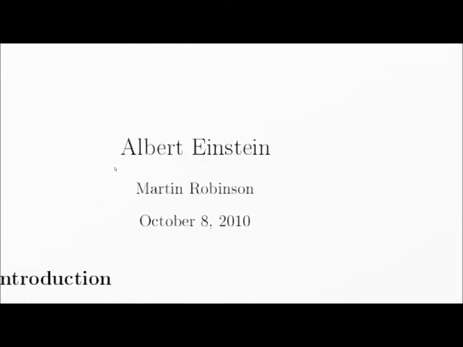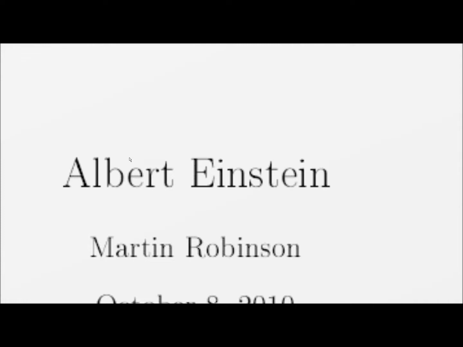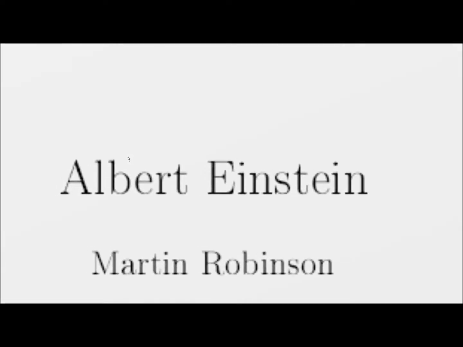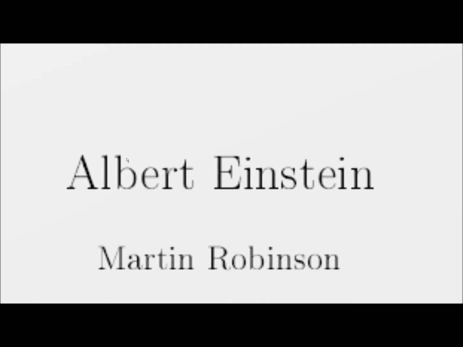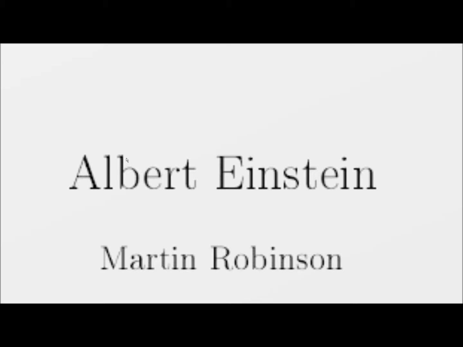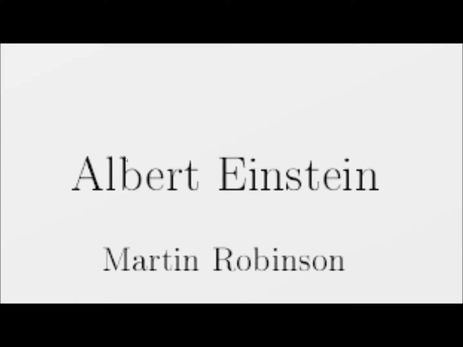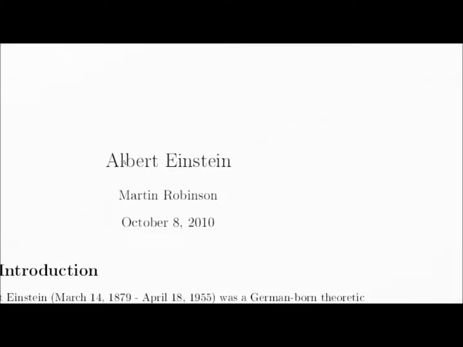So for example, if I zoom in here, you can see that on the title Albert Einstein, every letter has little serifs. They're the wee sticky out bits that you can see at the bottom, for example, of the letter A and the letter L, and at the top on the ascender of the B. So they look a wee bit old-fashioned, and we might decide that we don't like those.